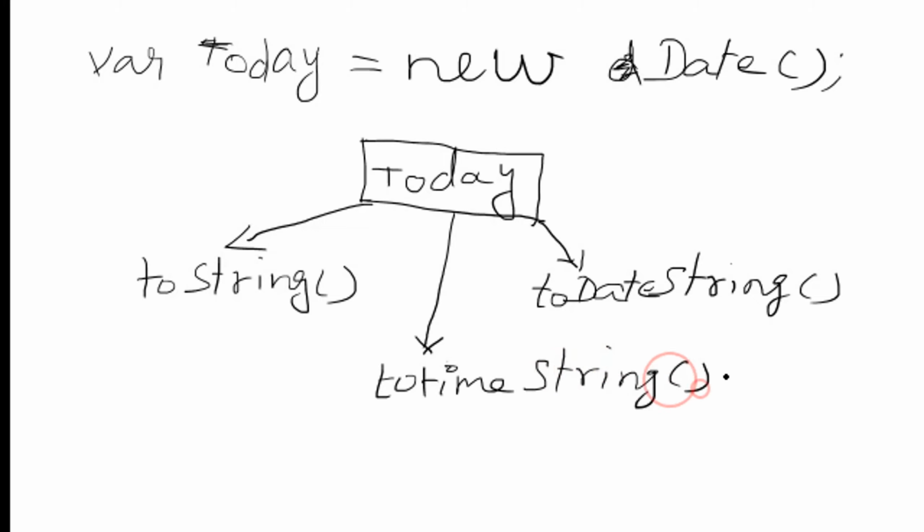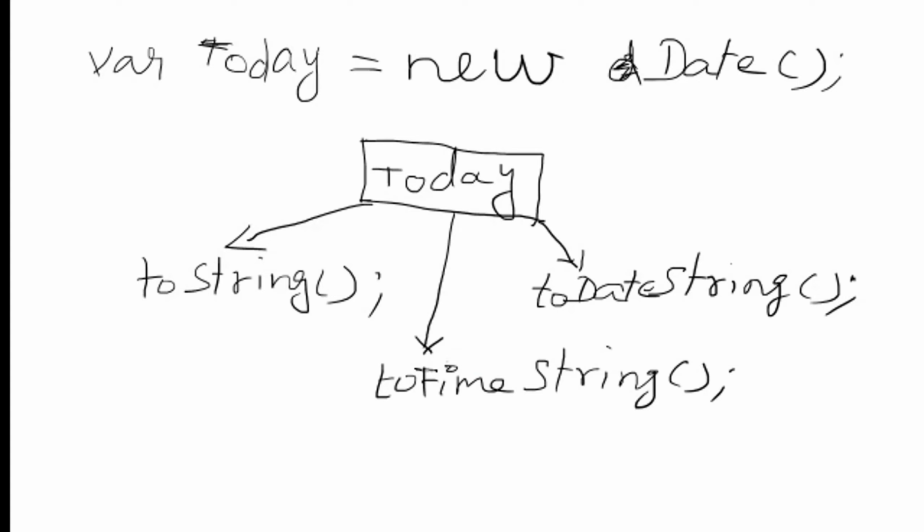So these are the three basic functions you can use. toString gets a complete date as well as the time. Then toDateString will give you only the date part of the string, and you can use toTimeString to get only the time part of the string. Again, here T should be caps.